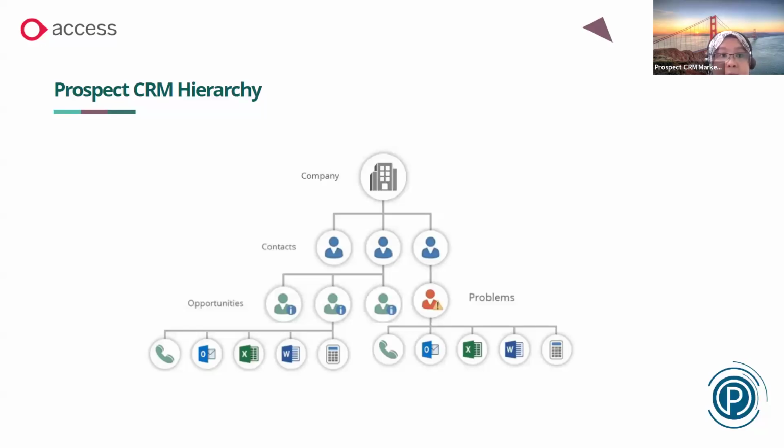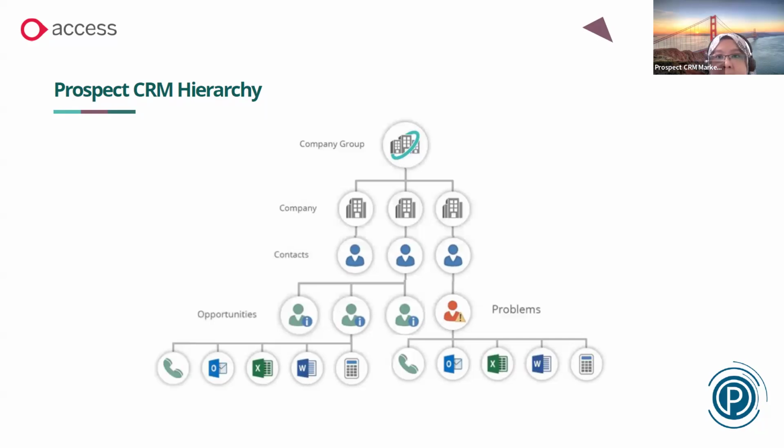The tools under opportunities are activities, notes, tasks, emails, quotations, and sales orders. Or sometimes it can also be problems, right? Problems you can use to track and manage customer issues with similar tools.